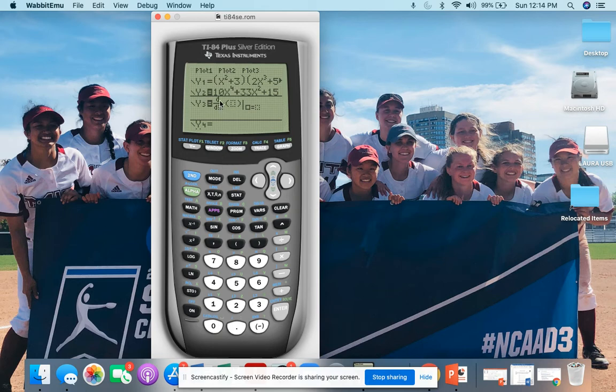I want the calculator to find the derivative with respect to x of the function I have in y1. And I don't want that derivative at x equals 0, and I don't want the derivative at x equals 2, and I don't want the derivative at x equals -2. I want the derivative with respect to x of the fifth degree function in y1 with respect to every x that's on the calculator screen.